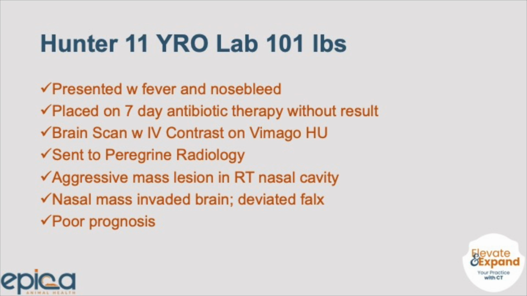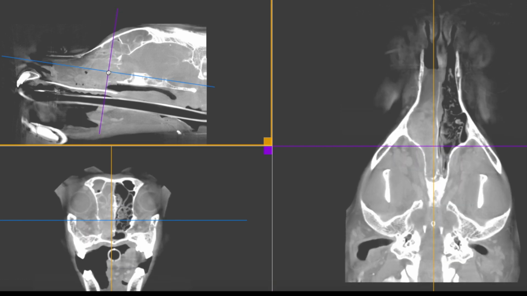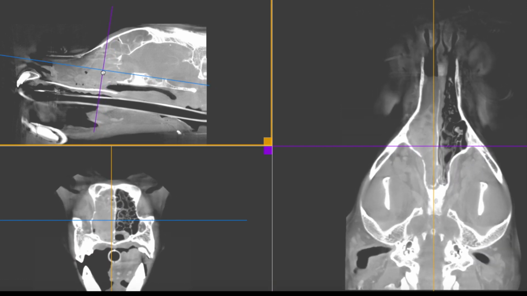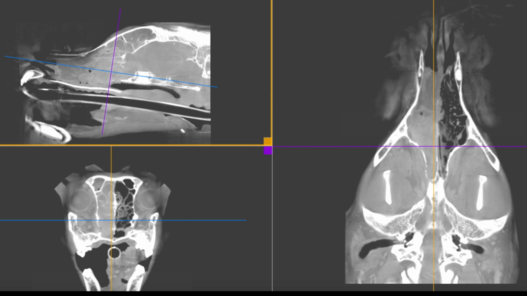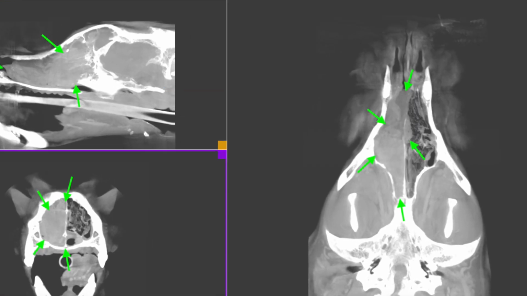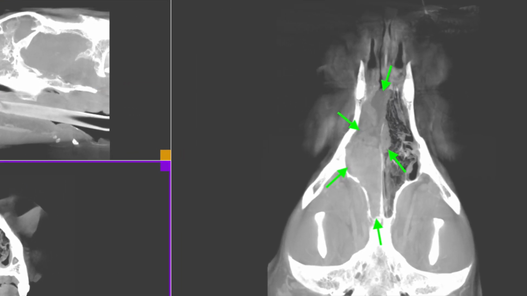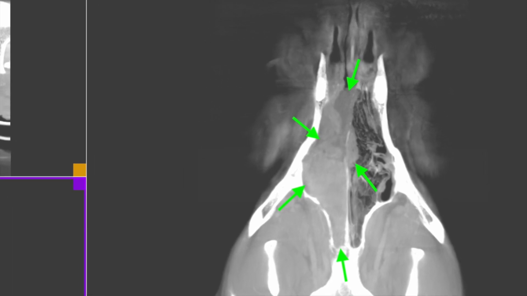When we look at Hunter's images, the first thing that you're going to see is that right nasal cavity and that aggressive mass lesion that's taking up the entire right nasal cavity. This is absolutely most likely the origin, because we can see where it's penetrated through and into the brain area of the patient.